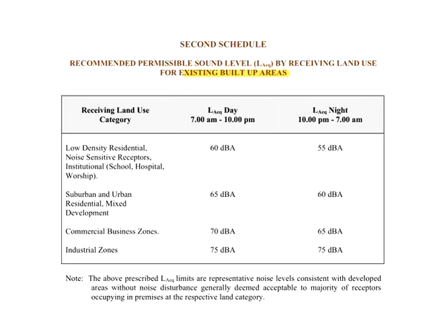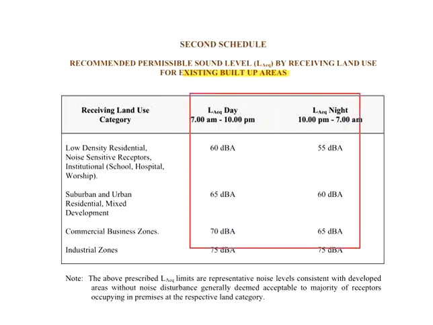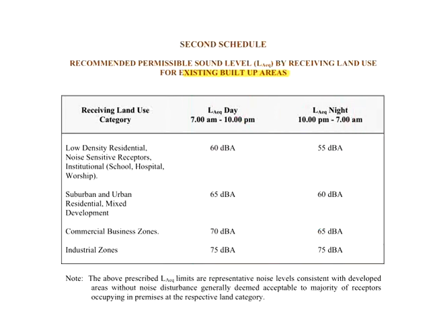Let's say when you are doing the baseline study, you are getting the noise levels at the surrounding of the development site. Now, if the existing noise levels at the nearby areas are less than this, then you will have to ensure that your development shall not add up the noise level exceeding this limit.